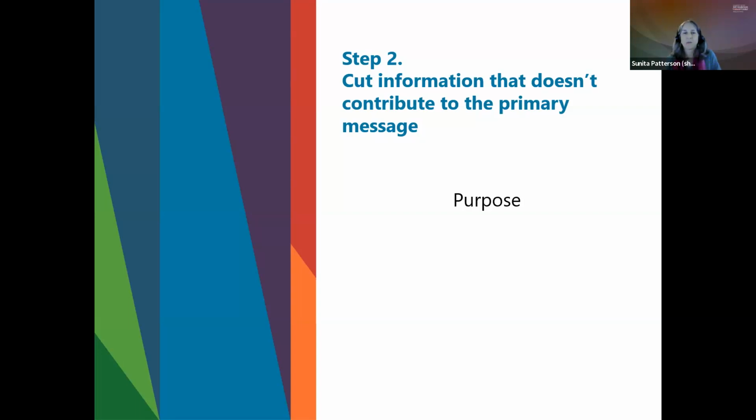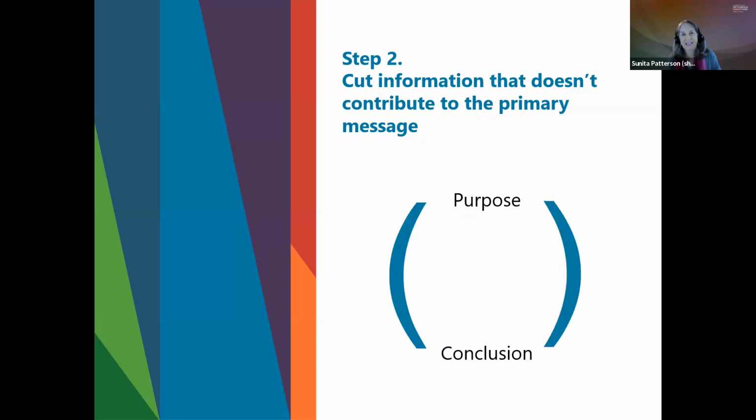So the purpose is why you did the study. That's driving the whole report. So then you want to make sure that your conclusion relates to that purpose or hypothesis. So if you think of the purpose as a research question, the conclusion answers that research question. So the two should be very closely aligned.